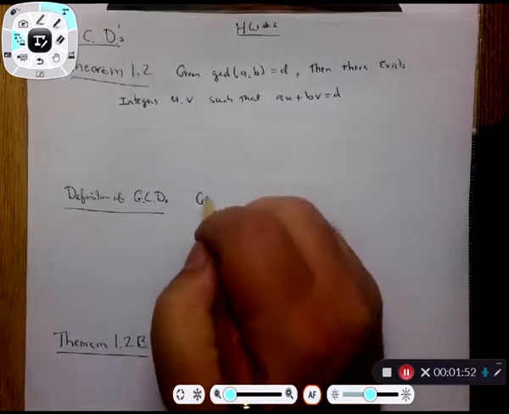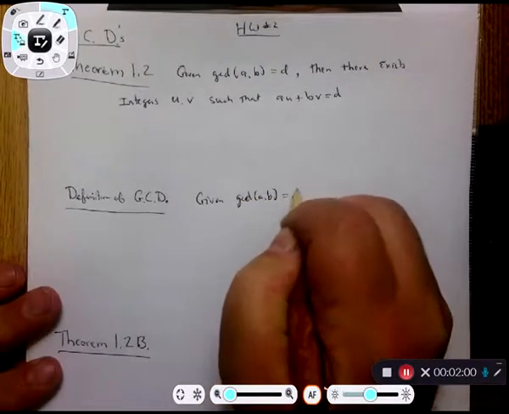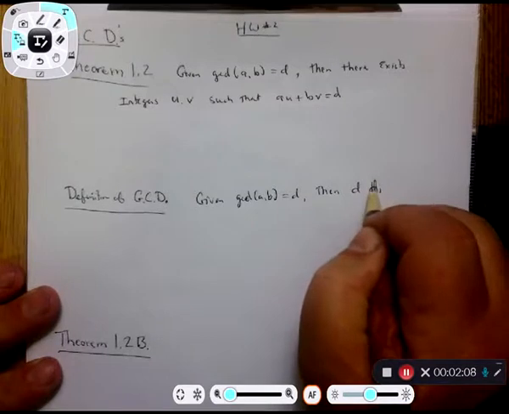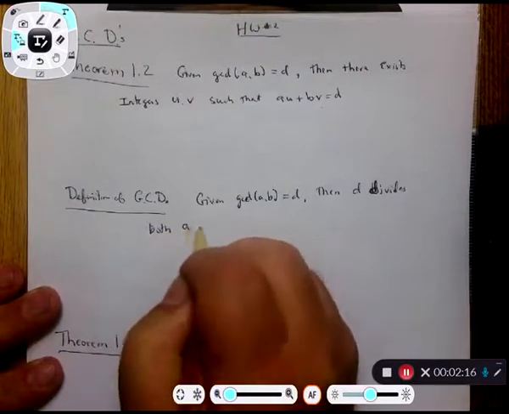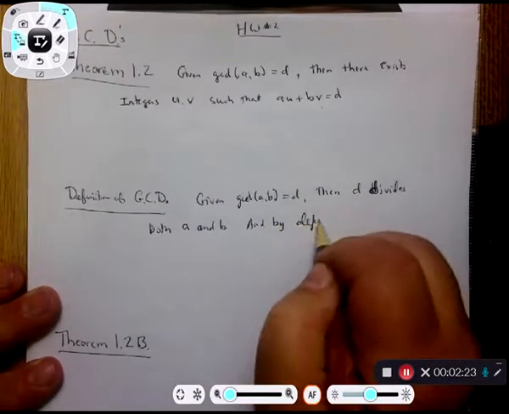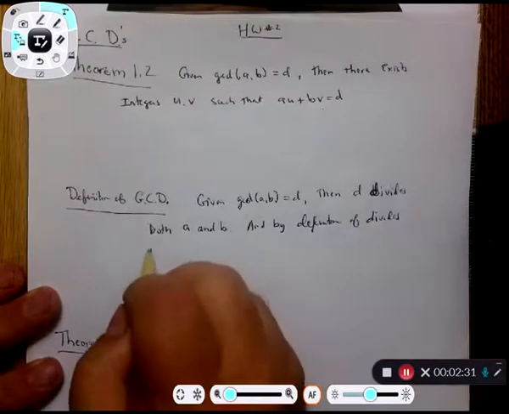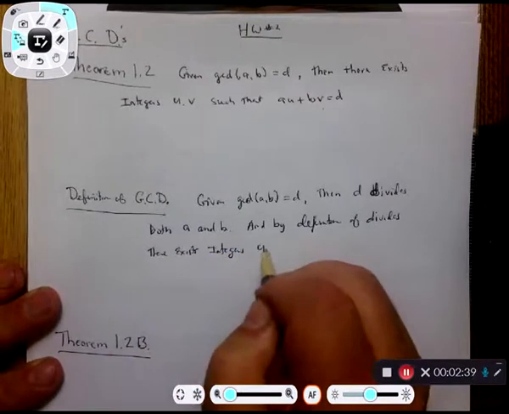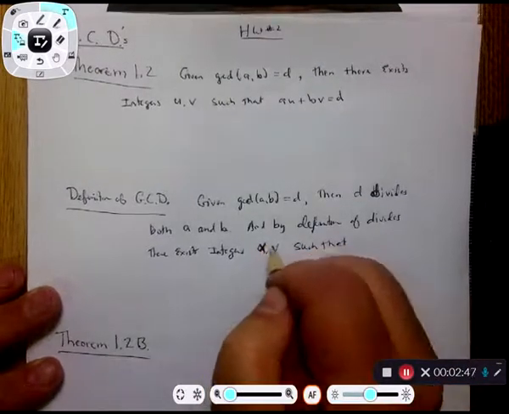So if you were given the GCD of A and B is equal to D, then D divides both A and B. And by definition of divides, there exist integers, or well, X and Y, because I already used U and V. I'm trying to use different letters here.